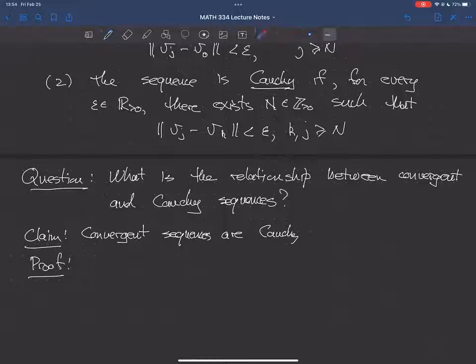That means I need to show that for every epsilon, there exists an n. So I need to choose epsilon. Now, I need to find an n. So here's how I'm going to choose n.